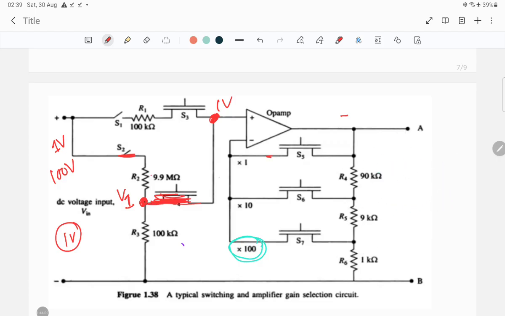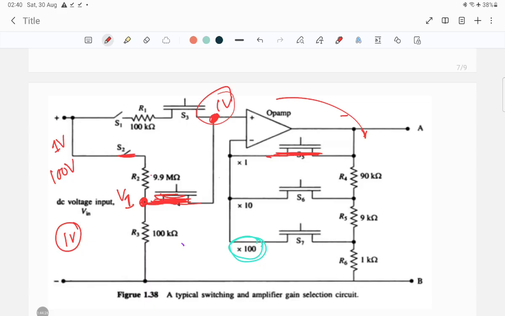You just have to short this S5, so it will be in the buffer orientation, as there is no feedback resistance, it will be 0. So whatever your input signal 1 volt, that will appear at the AB terminal. So 100 volt will be stepped down to 1 volt and it will be tolerated by the PMMC.